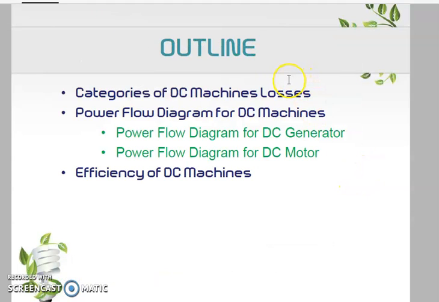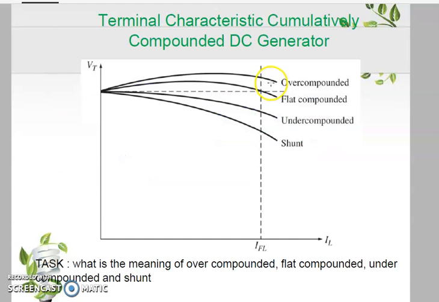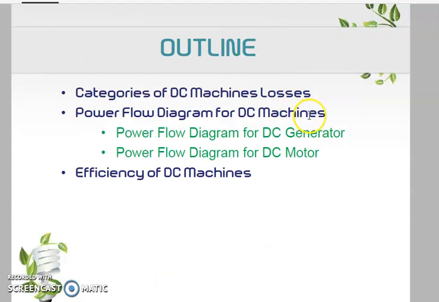Okay, then we shall go to the machine losses. Efficiency means that the machine will not drop in terms of performance when we put load into the system.